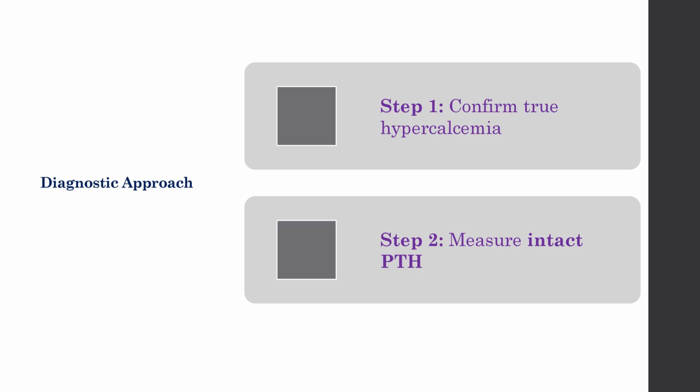A practical algorithm is very simple. First, confirm true hypercalcemia. Repeat calcium, correct for albumin, and measure ionized calcium if needed. Second, measure intact PTH. If elevated, think primary hyperparathyroidism.